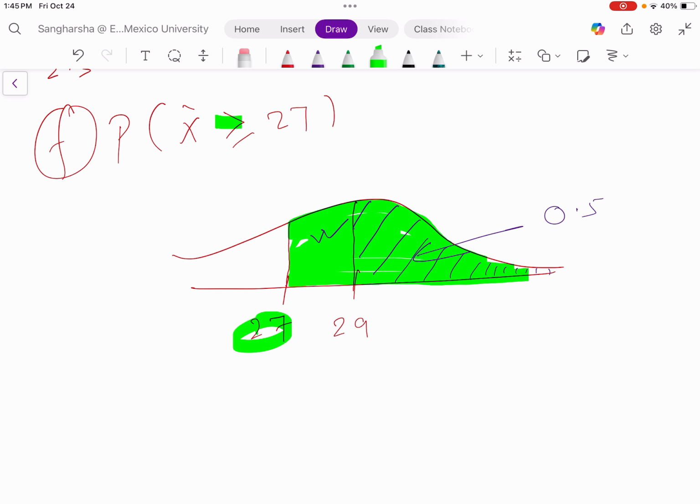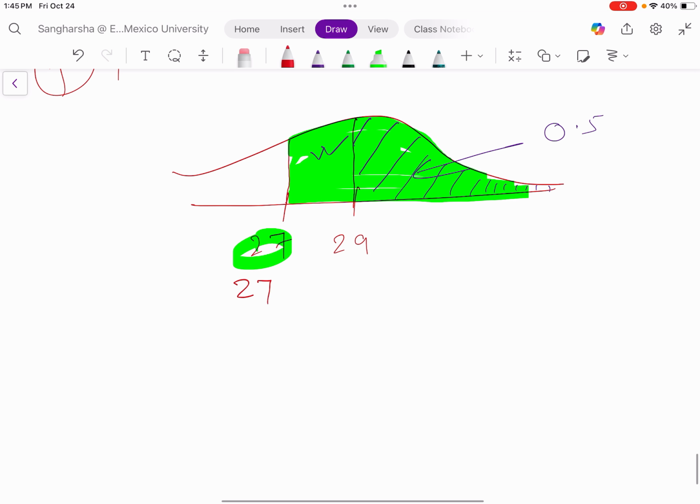For that we convert this into z. So 27 minus 29 divided by 2.3 gives negative 0.87.